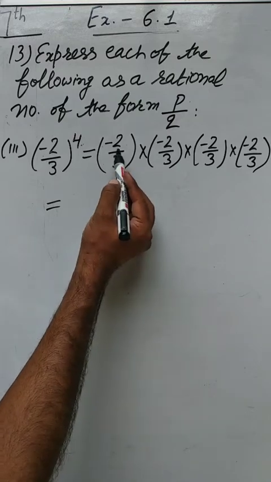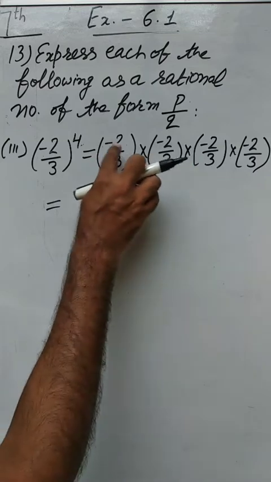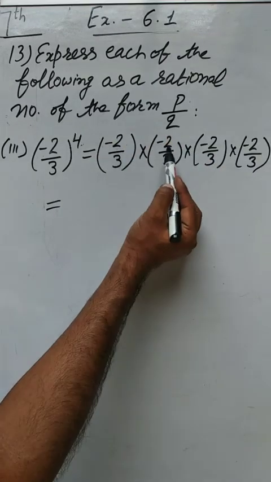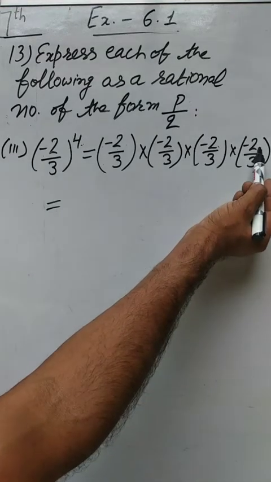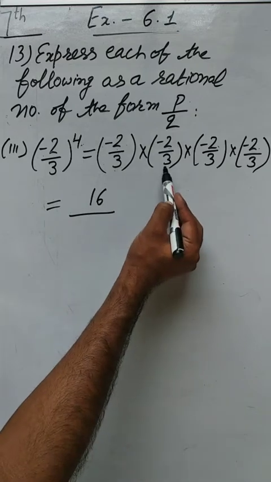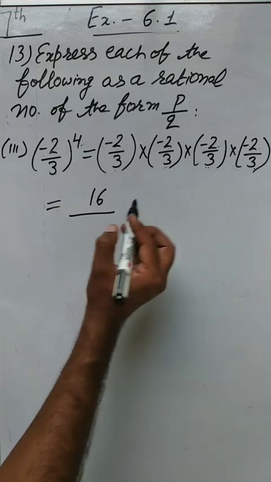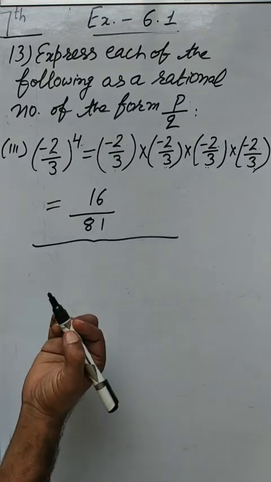And simply multiply the numerator with the numerator and the denominator with the denominator, because nothing is common between numerator and denominator. So, beta, 2 multiply 2, 4, 4 multiply 2, 8, 8 multiply 2, 16, 3 multiply 3, 9, 9 into 3, 27, 27 into 3, beta, 81. This is your answer. Very easy.